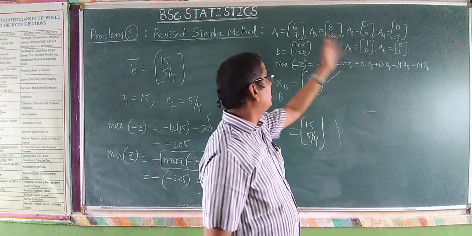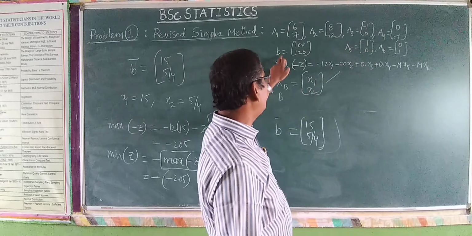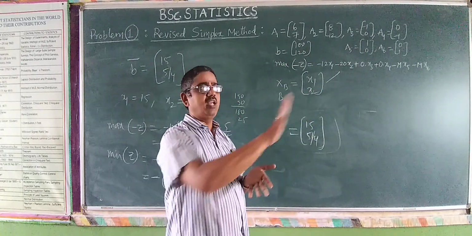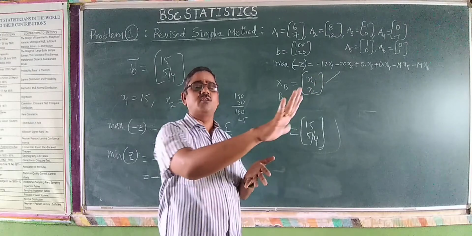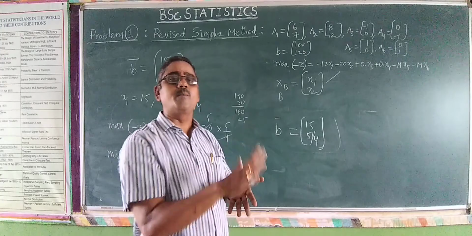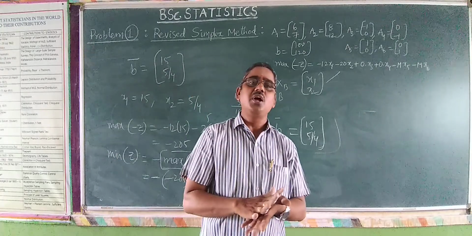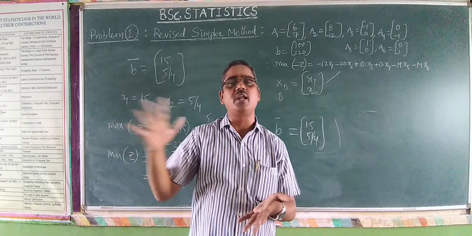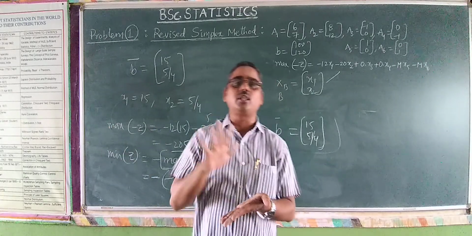All the a's, b and the objective function, keep at one particular place. First you write all the values and then enter into iteration 1. For any iteration, 2, 3, 4, you have to do all these procedures.